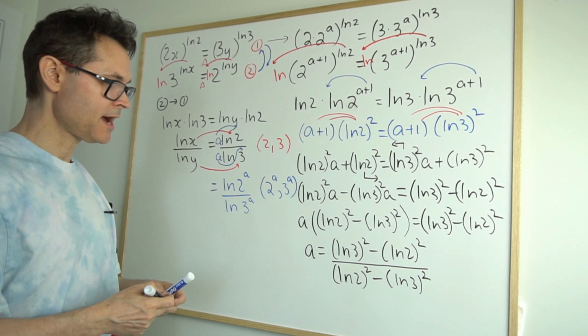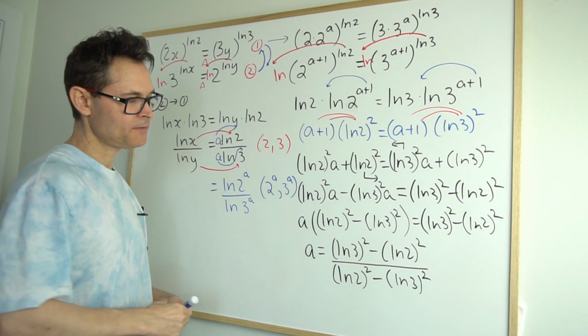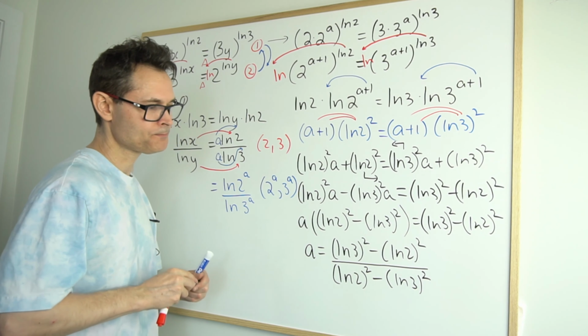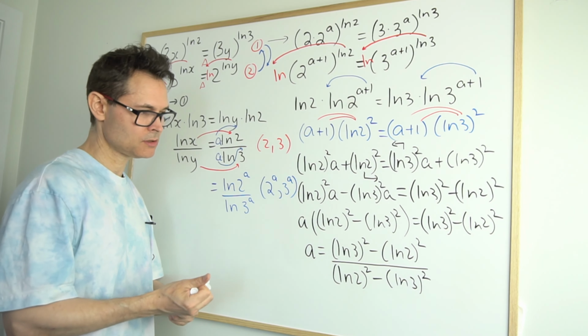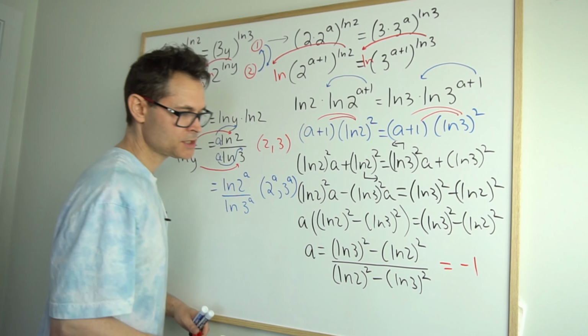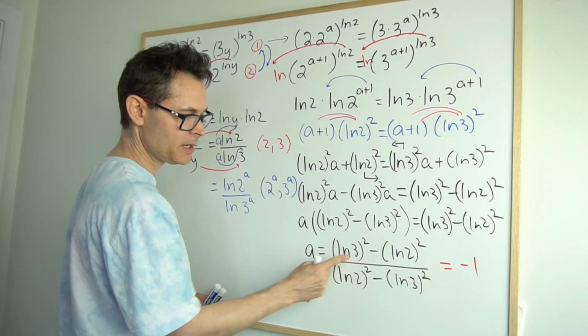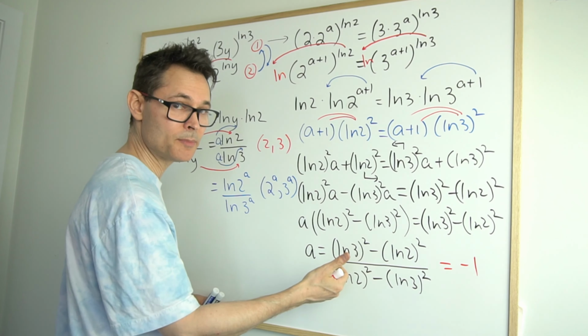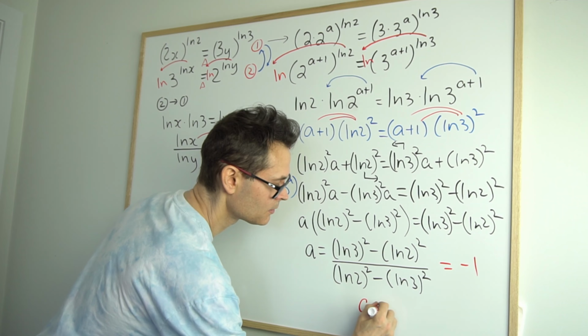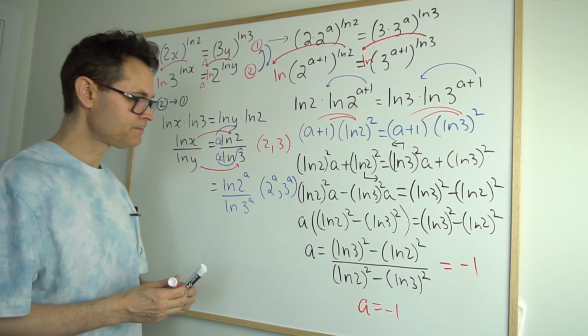Well, I think we cracked it because take a look here. I mean, if I told you 5 minus 3 is being divided by 3 minus 5 and said to evaluate it to give me an answer, you would tell me the answer is -1. That's just a property of opposites, right? These are the same numbers, but just in opposite places with a minus in the middle. So a turns out to be -1.